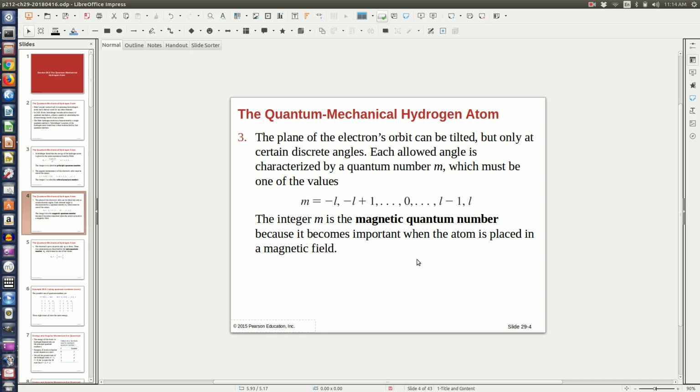If little l is 2, then we have the shadows on the z-axis equal to negative 2, negative 1, 0, 1, and 2. There's 5 total orientations of an electron's angular momentum on the z-axis for quantum number little l equal to 2.